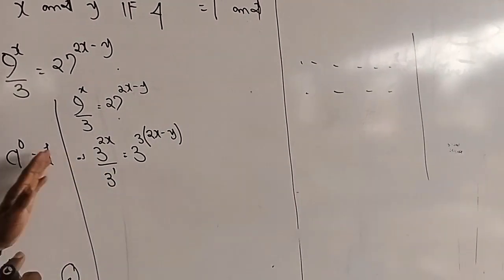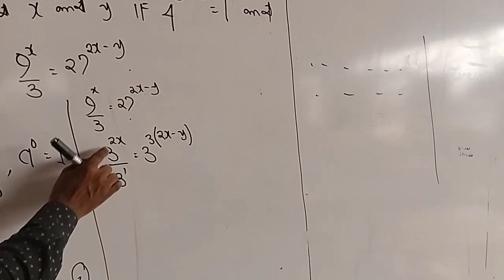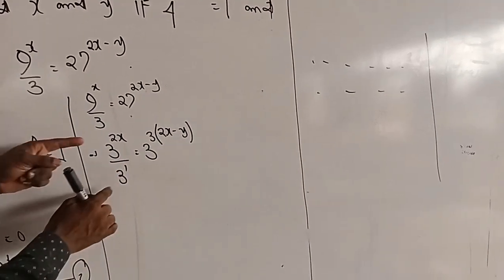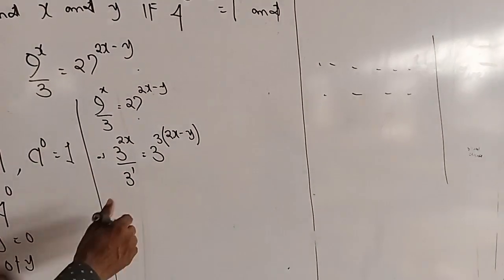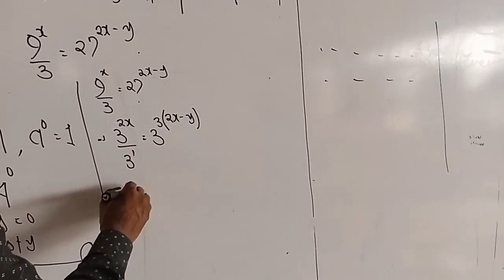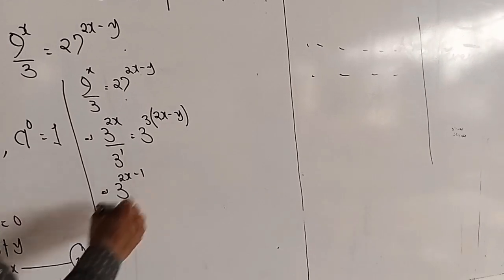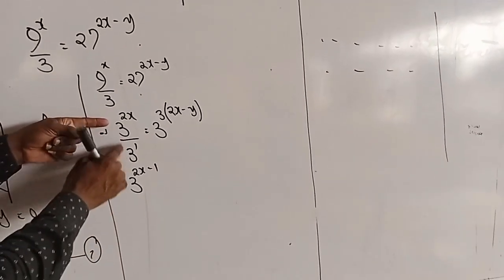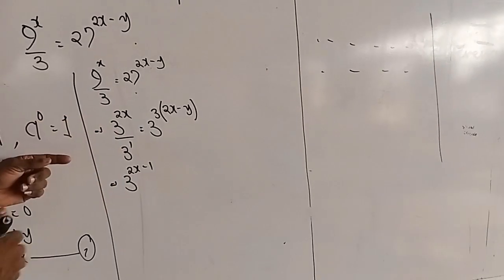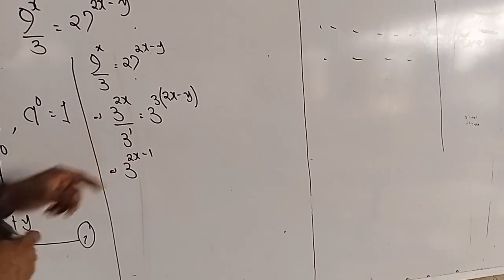On the left hand side, this is base and power, base and power. That means I can apply the law of indices. This will give me 3 raised to the power 2x minus 1. By the law of indices, if the bases are the same and we are dividing, we subtract the two powers.